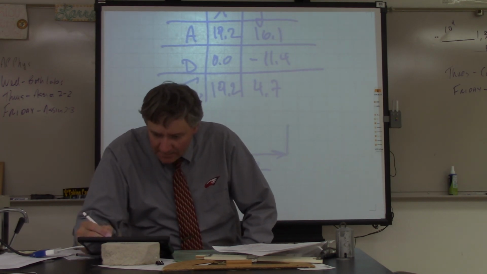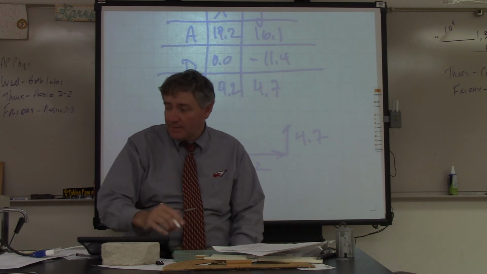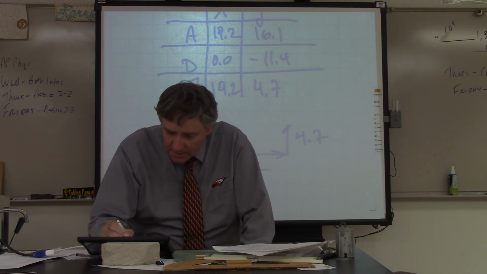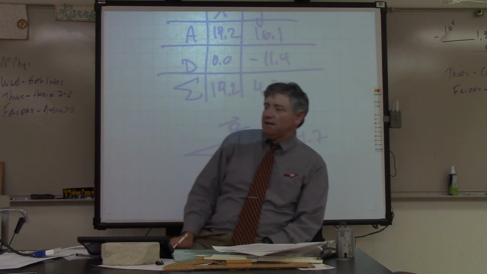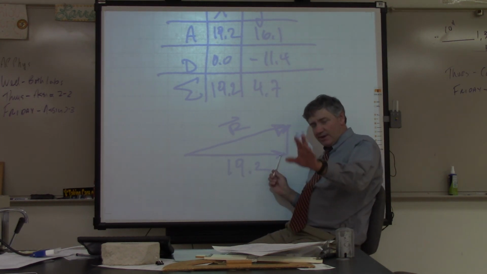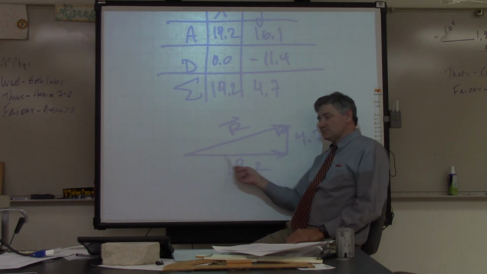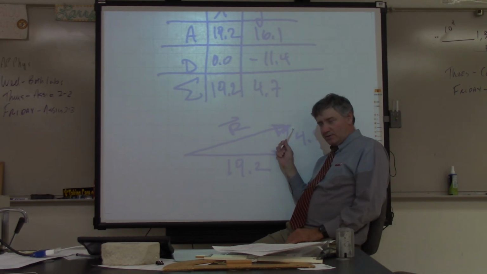I've got a y component of 4.7, okay, got that. And then I can draw that hypotenuse, which is my resultant. So what you've got is that you've got one leg, and always draw your x component first. Here's my x component. From the end of that, I've got my y component, which is 4.7.